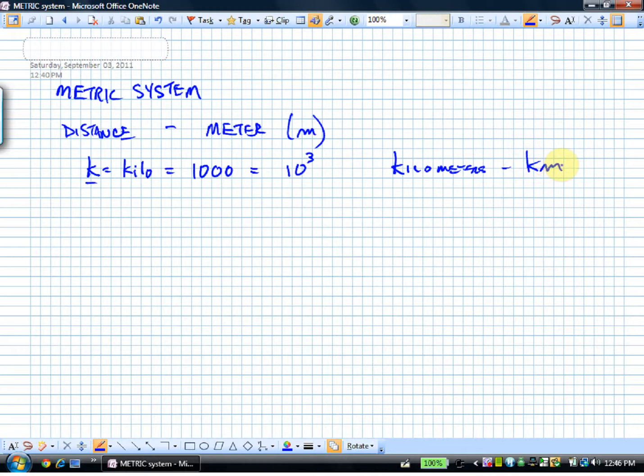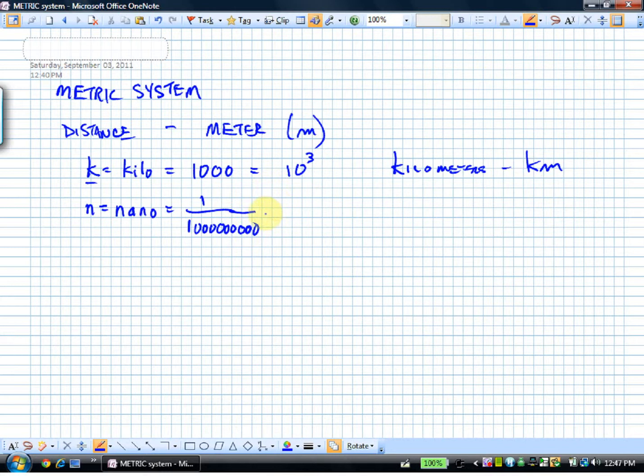On the other hand, if I'm measuring a short distance, like the distance between atoms, I might talk about nanometers. Now, nano means 1 billionth. 1 over a billion is a nano.